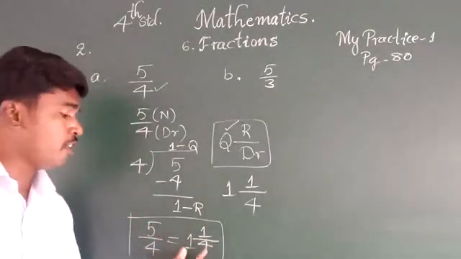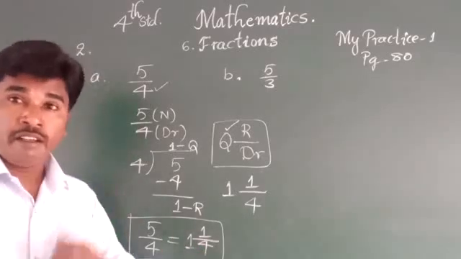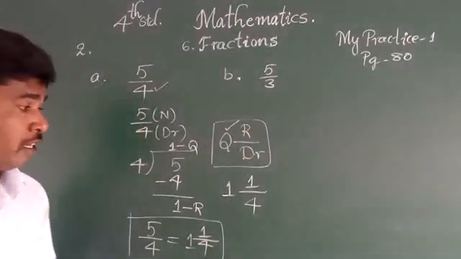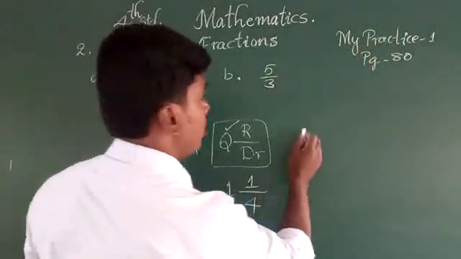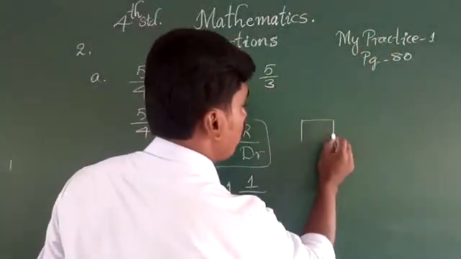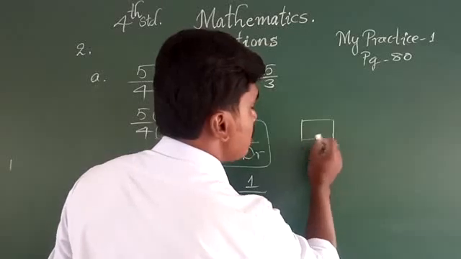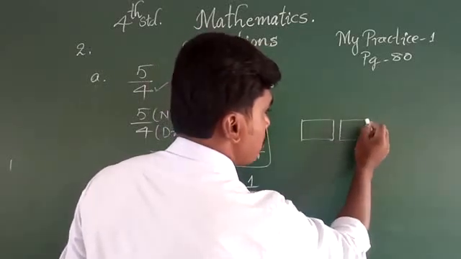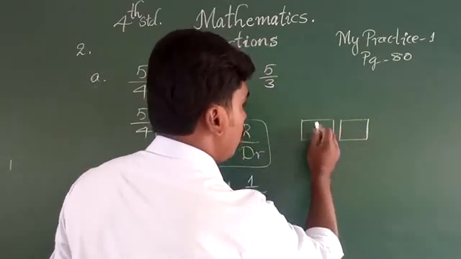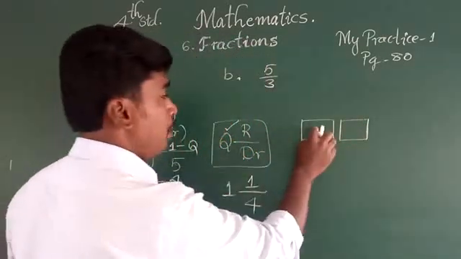Now we can write this diagrammatically. So how to write? Here is one complete part. You consider two parts, with the same number of parts. Here it is one complete part.